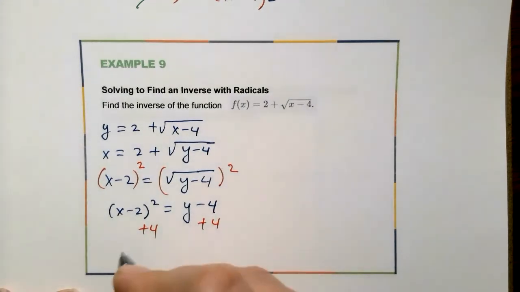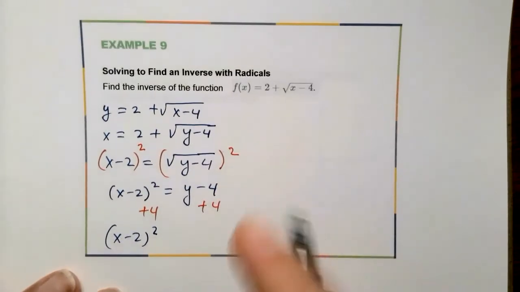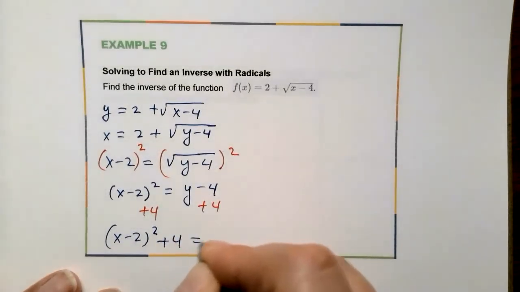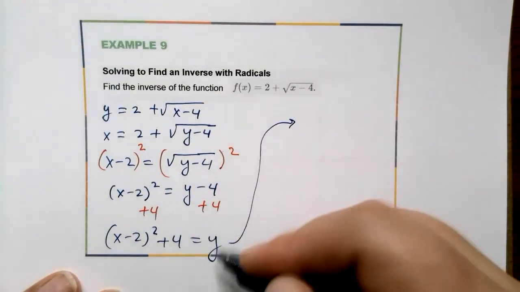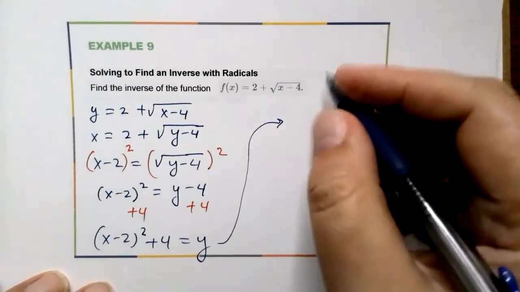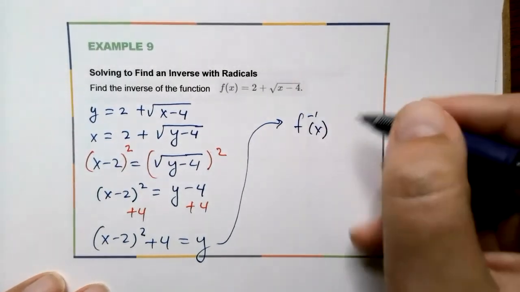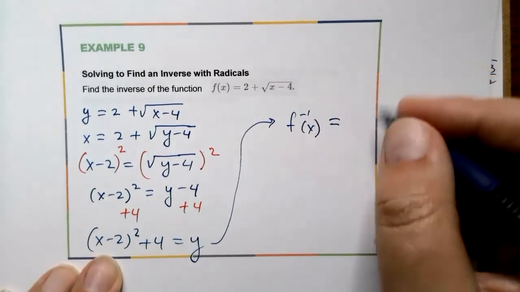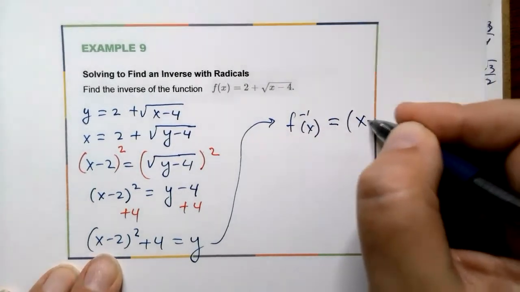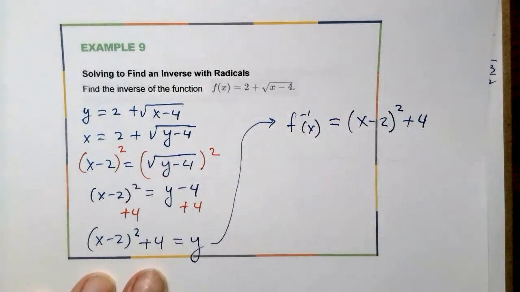So x minus 2 squared plus 4 equals y. Now the last step is to replace y with the symbol for the inverse of x. So the inverse of f is x minus 2 squared plus 4.